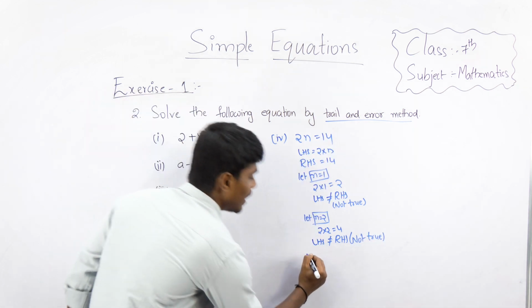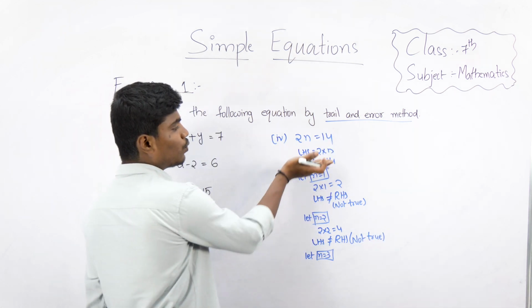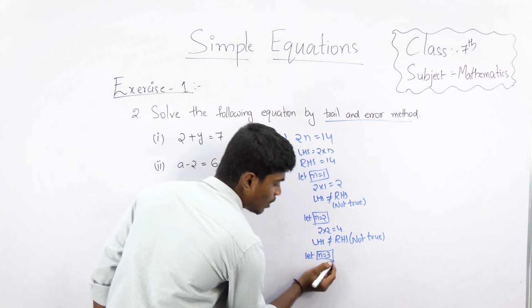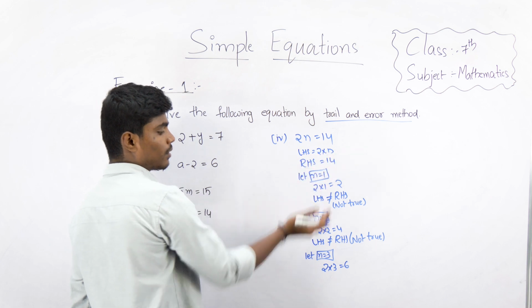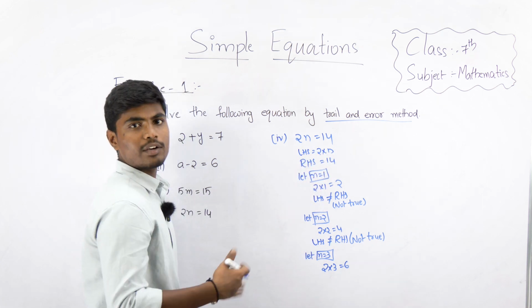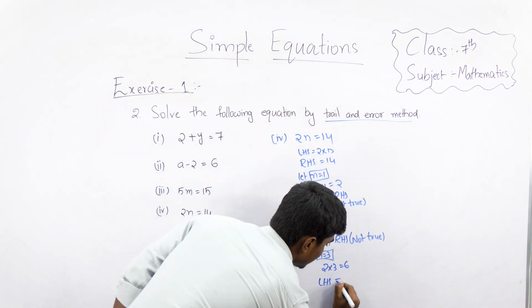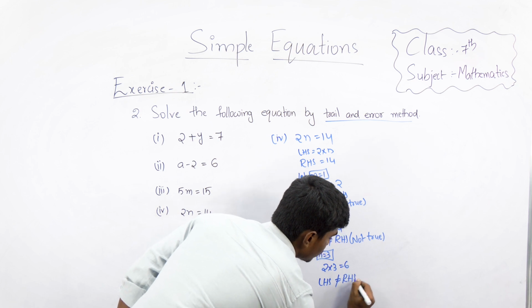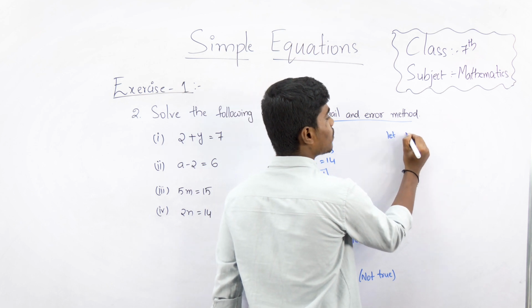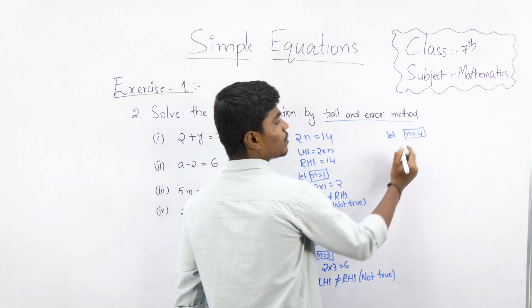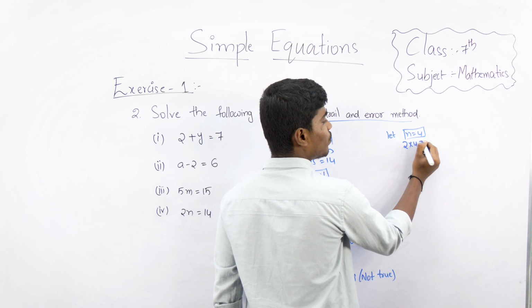Now let n equal to 3. Here 2 into n means n equal to 3. So 2 into 3 is 6. Here 14. So LHS is not equal to RHS. So this is also not true. Now let's take n equal to 4. 2 into 4 is 8.